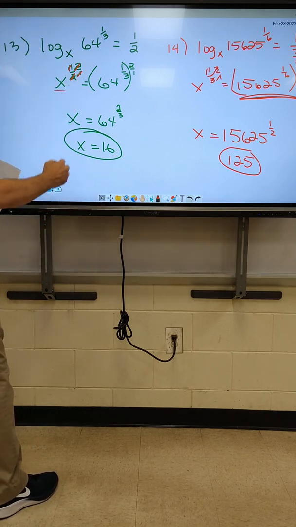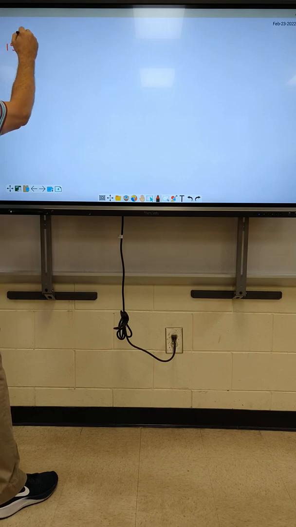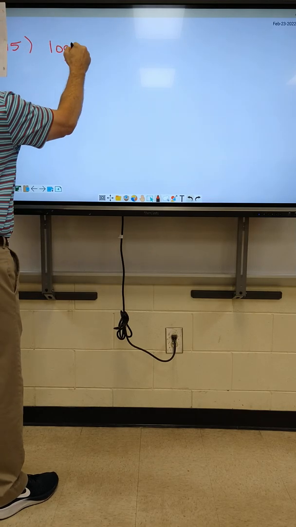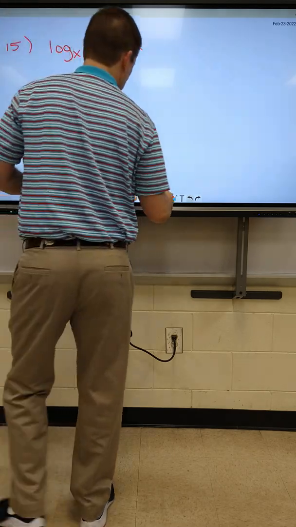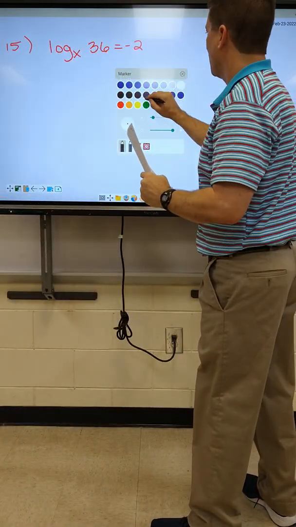All right, 15 is going to be just like 14. Log base x of 36 equals -2. All right, y'all try 15. Should be able to do that one.